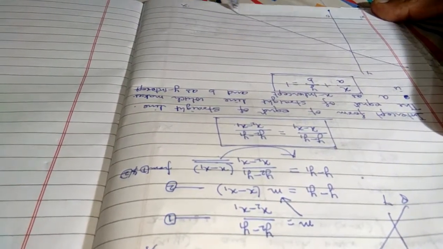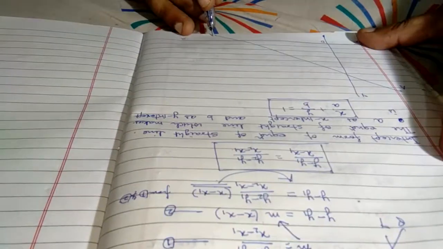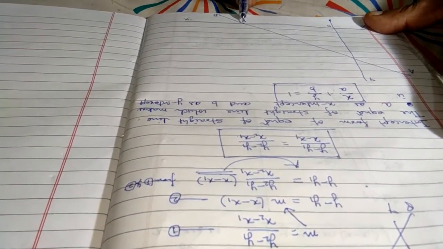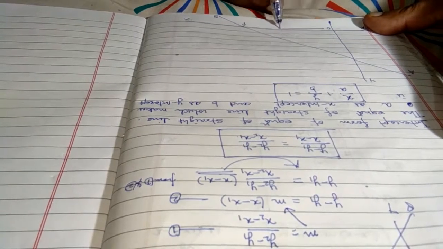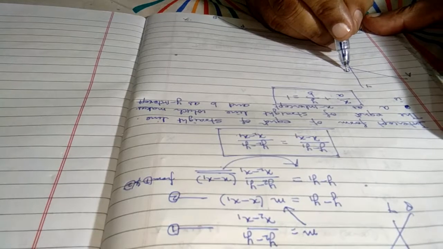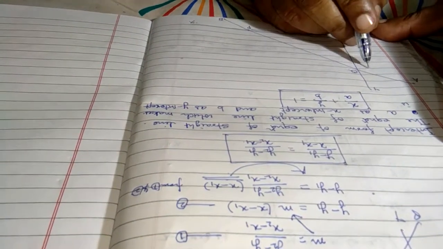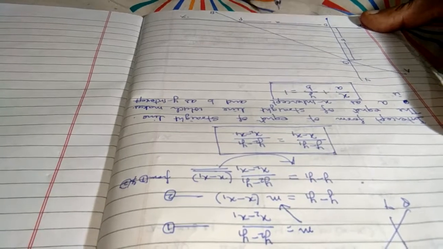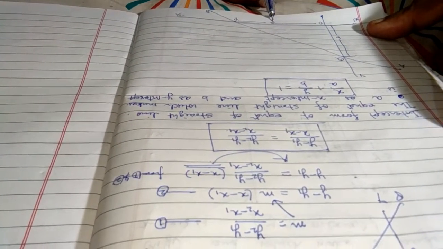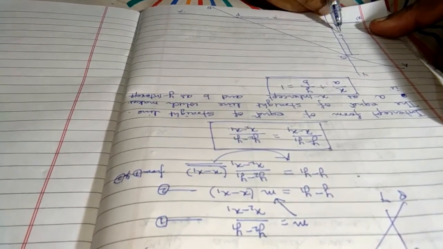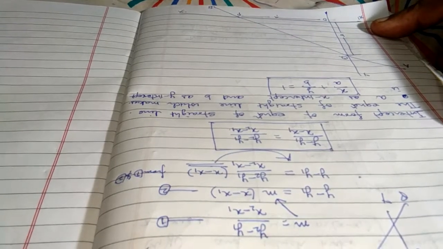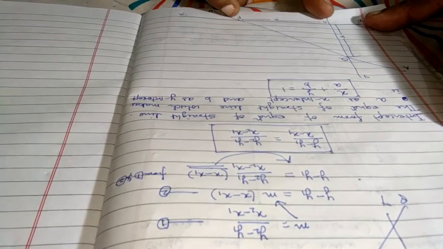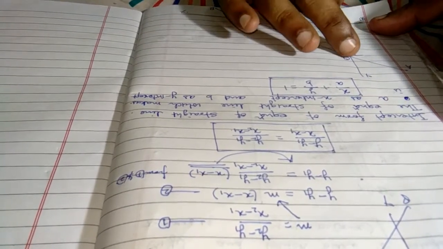So suppose that a straight line AB intersects the x-axis at the point P. The distance of this point of intersection P from the origin is A, and suppose it intersects the y-axis at the point Q, then the distance of the point Q from the origin is taken as B. So A is called the x-intercept of the straight line AB, and B is called the y-intercept of the straight line AB, or you can say that AB intersects the coordinate axes at the points P and Q. So OP is taken as x-intercept and OQ is taken as y-intercept.